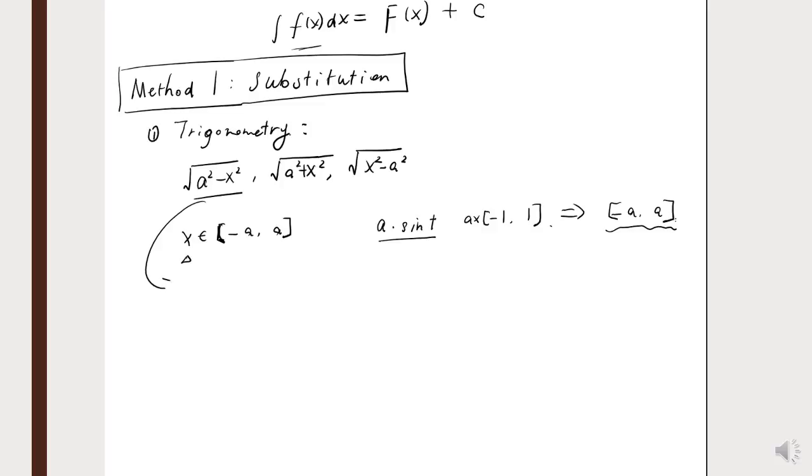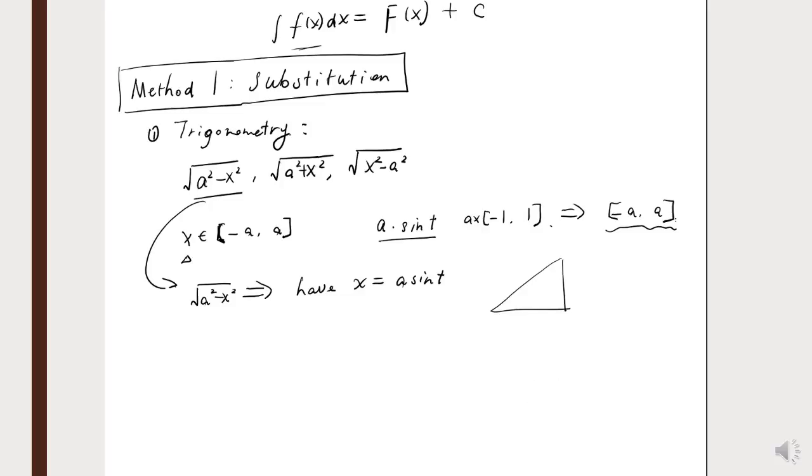So for this, we can write down here, x equals a times sine t. Since we let x equal a sine t, we can actually draw the triangle to help us understand the relations between t, a, and x.